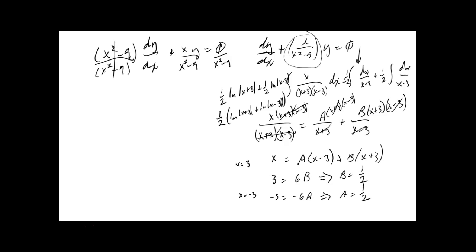So ln of x squared... Yes. We're going back to our old function. Yes, yes, yes. 1/2 the log of x plus 3, they should be absolute values, but times x minus 3. Okay? And you could write that, like you said, as your original function, and then make log of x squared minus 9 to the 1/2 power.